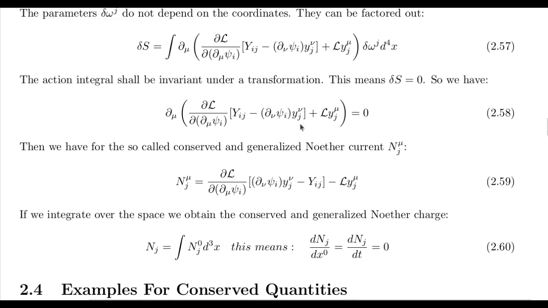And for this expression we use the letter N. This is the so-called conserved generalized Noether current.